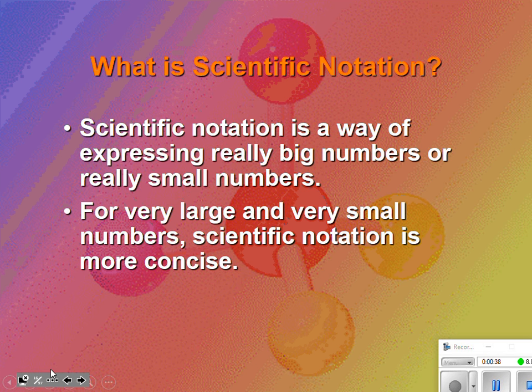So the objective of scientific notation is to have a more concise number, to make it a little bit easier to write.